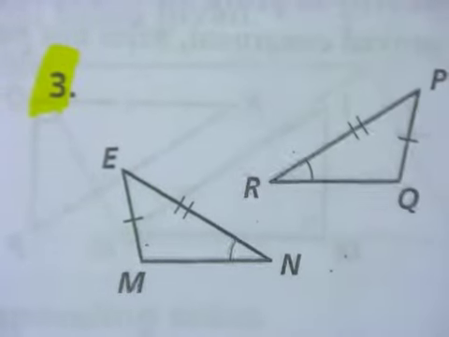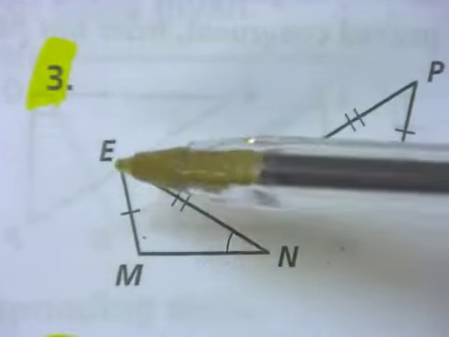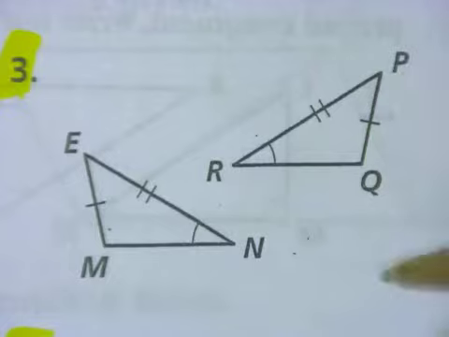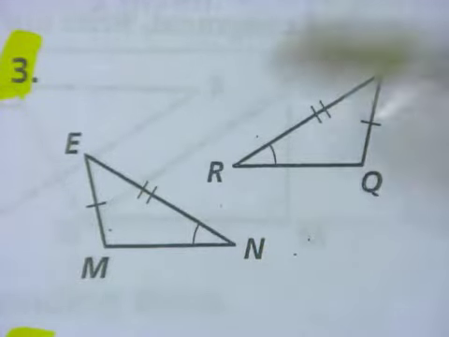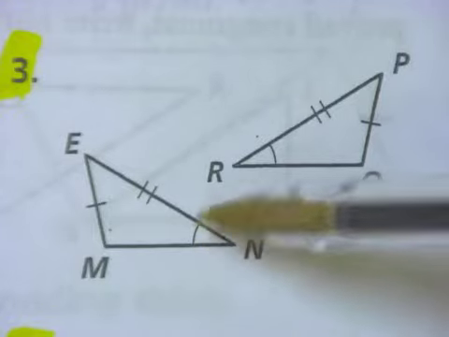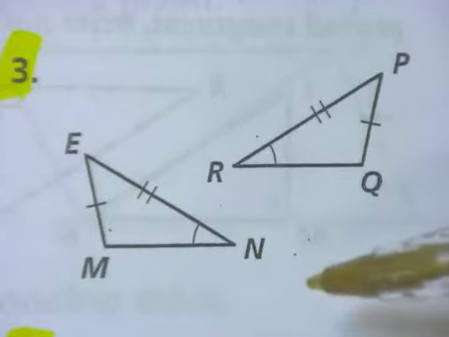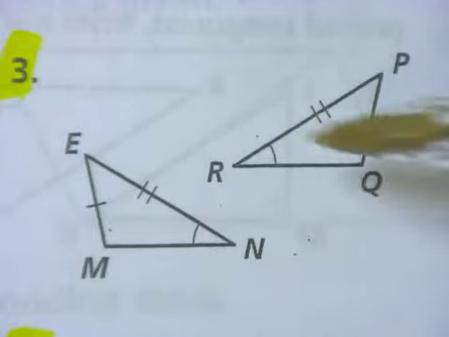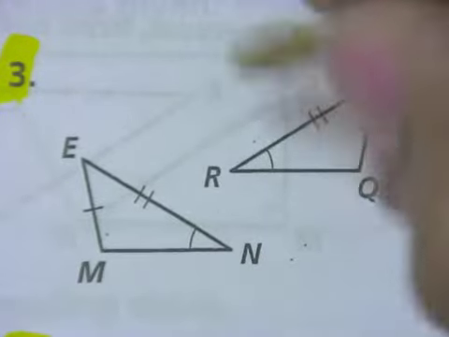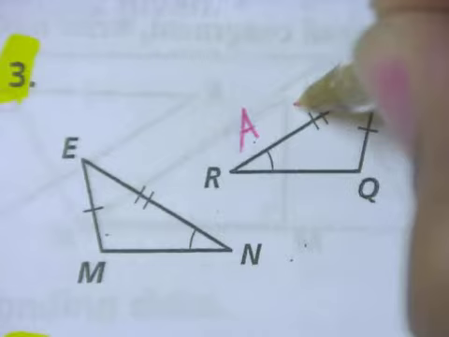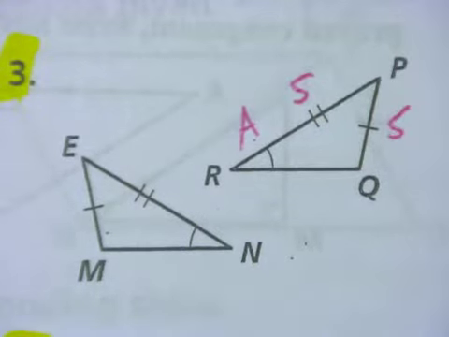Let's take a look at number 3. Number 3, I know that segment EM is congruent to segment PQ. I know that segment EN is congruent to segment PR. And I know that angle N is congruent to angle R. All these parts are corresponding. However, if I look a little bit closer, what I have is an angle, a side, and a side.